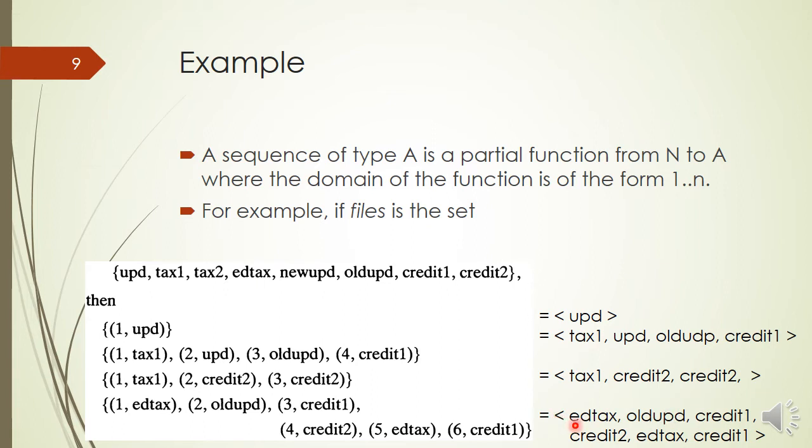So angle bracket representation is a compact representation, and we do not write the index but just write the position of each element in a sequence.